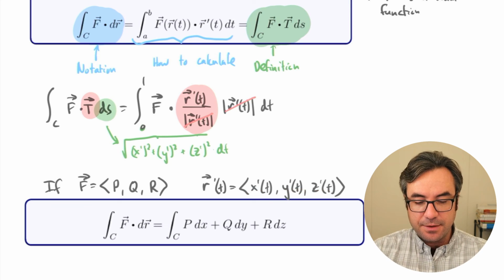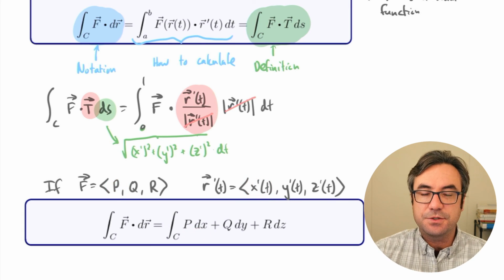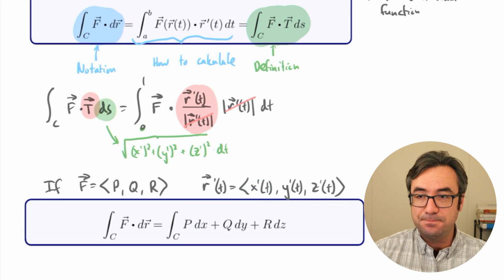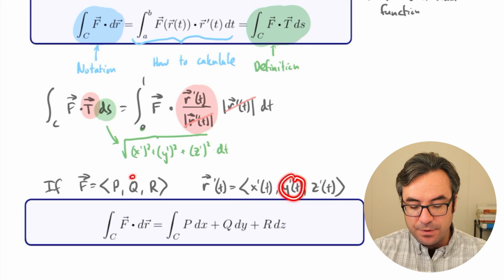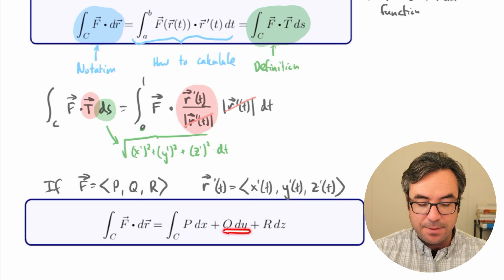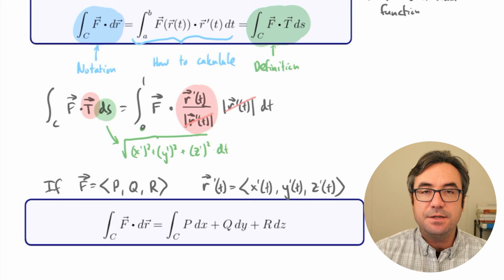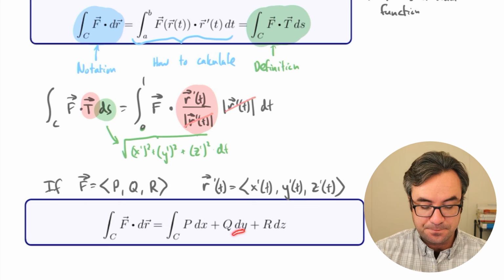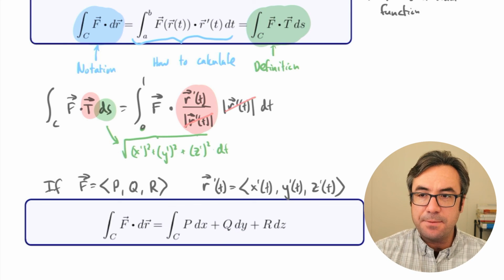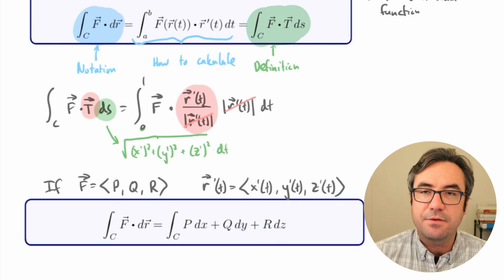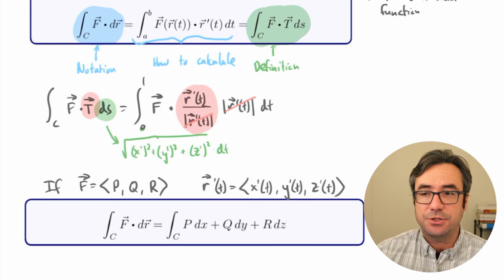So if we calculate the dot product, we end up with x prime times P, which we can also think of as P times the differential dx. Then Q times y prime gives us the differential dy, so we have Q times dy. And same thing for the last component, R times z prime, which we can think of as R times the differential dz.